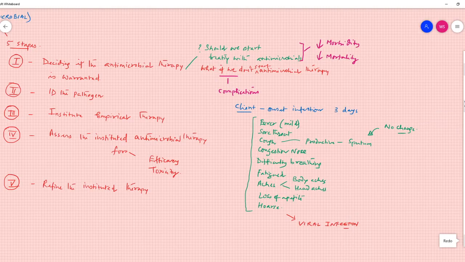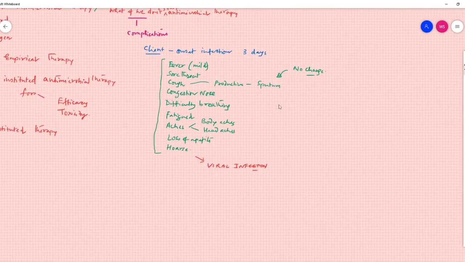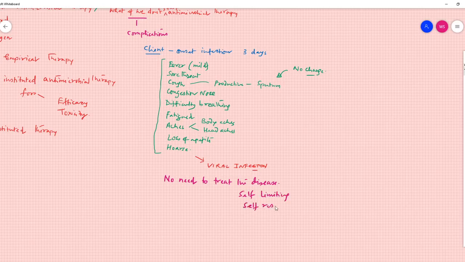Now, an acute viral infection like this, there is no need for a treatment. No need to treat the disease. Okay, because it is self-limiting and self-resolving.